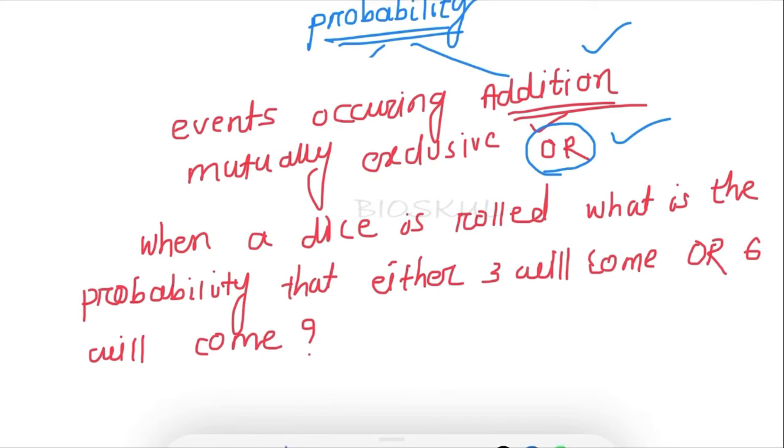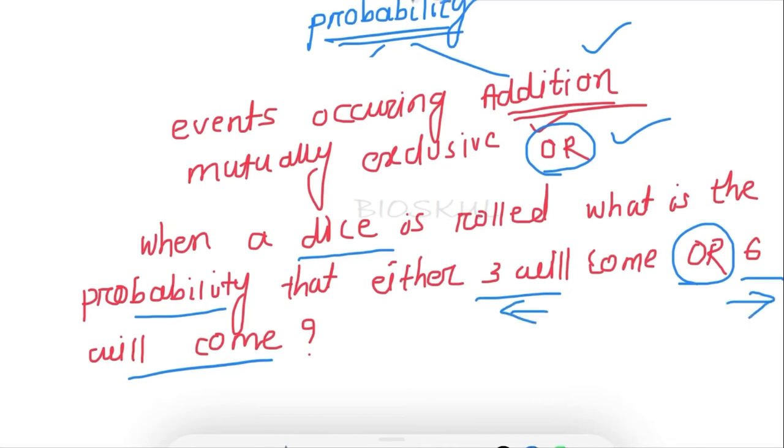See, in this question, it is asking, when a dice is rolled, what is the probability that either 3 or 6 will come? If in the question there is OR, either 3 or 6, then this problem is going to be solved by applying the addition rule of probability. So let's solve this question.